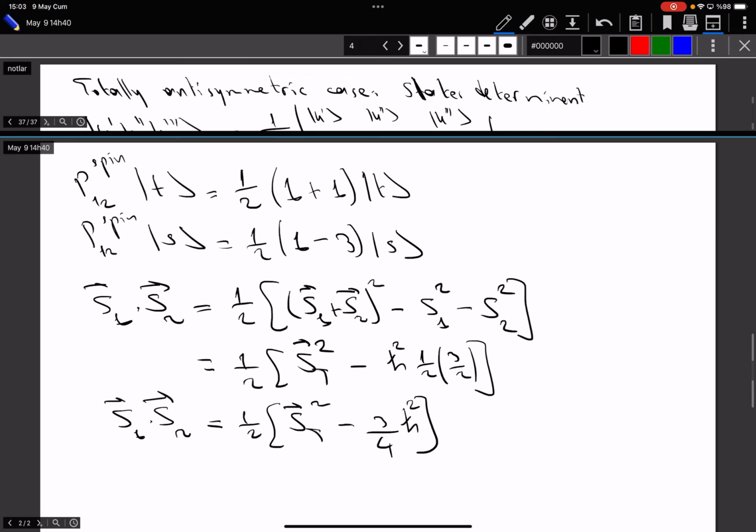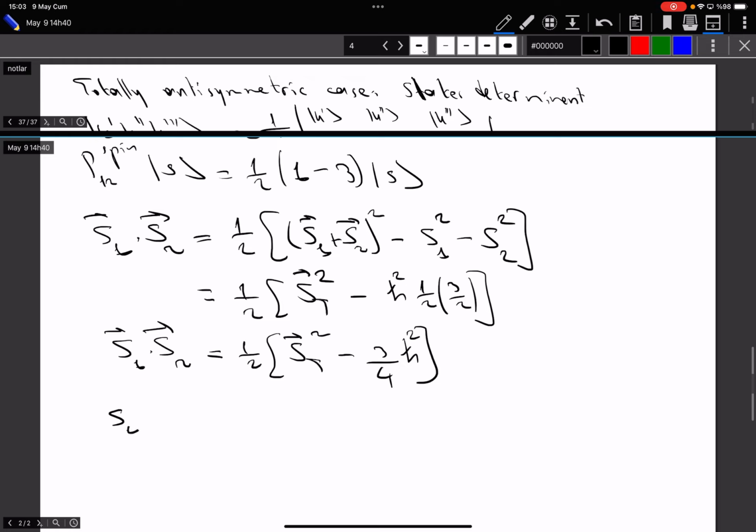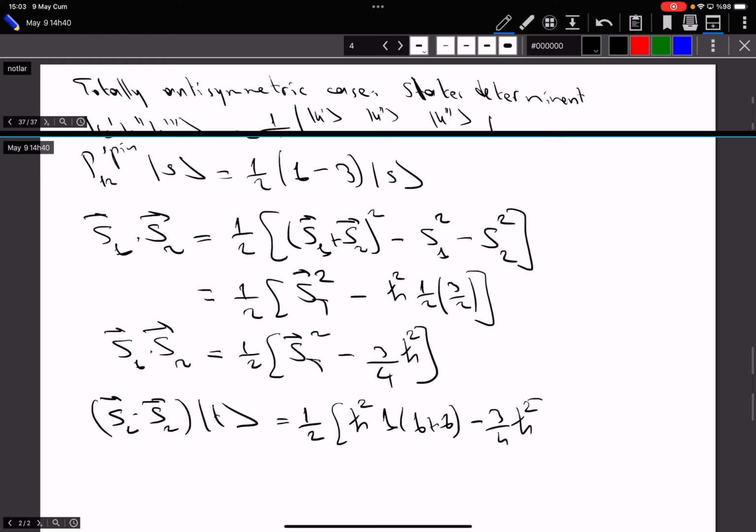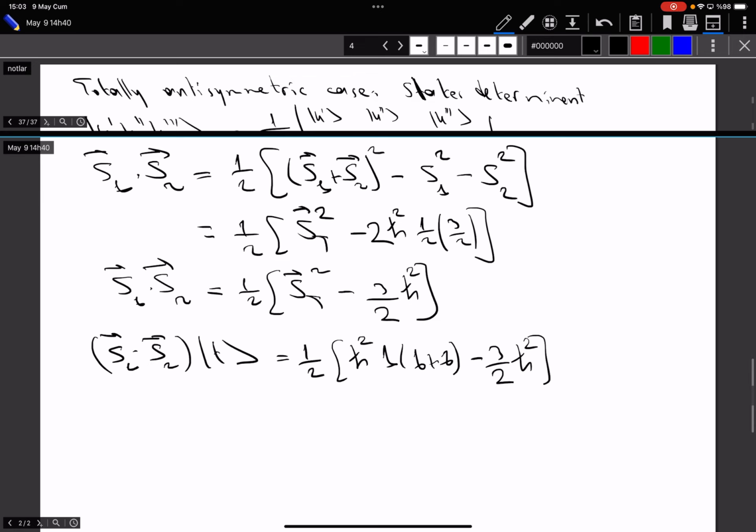that is the singlet. So this is S1 dot S2 acting on a triplet state. Well, the triplet state has total spin 1. This is 1 over 2 h bar squared 1 times 1 plus 1, minus 3 over 4 h bar squared. Well, sorry, I have 2 of these, so that's 3 over 2, which is, well, this is 2.